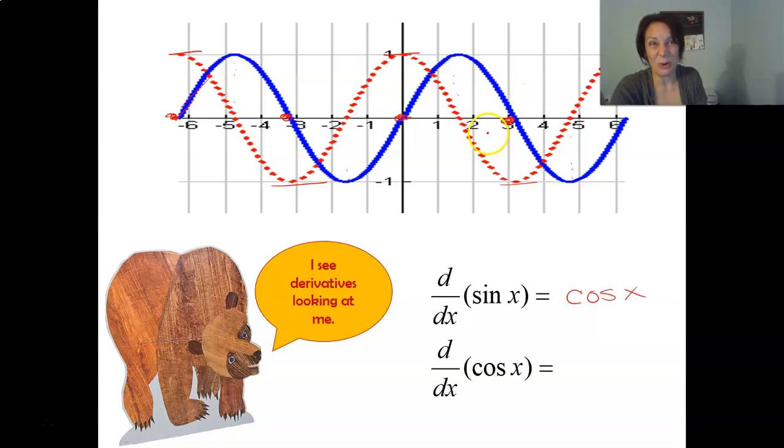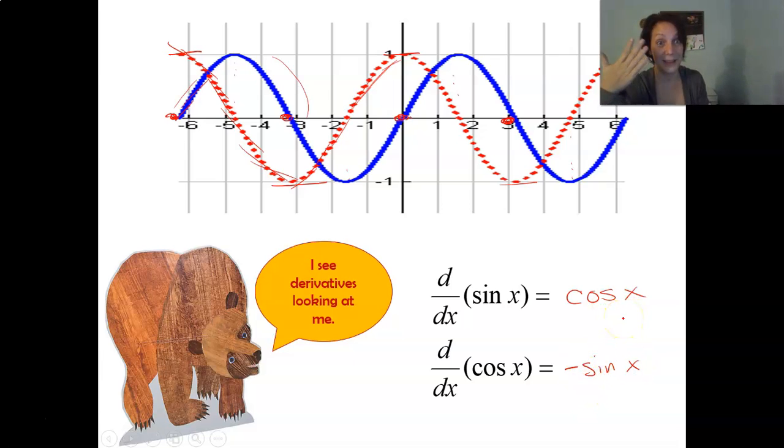But there's a little problem. Notice that when cosine has negative tangents or negative slopes, look what sine is doing. Positive. Then cosine decides it's going to have positive slopes, and sine says, I'm going to go ahead and be negative. So it has the right zeros, but the signs are all wrong. And so as a result, the derivative of cosine isn't sine, but negative sine.